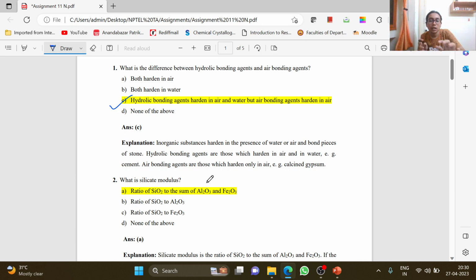After cementing a wall, we often wet it with water and keep it for some days. We soak it with water so that its strength is enhanced and it binds more compactly. That is why hydraulic bonding agents can harden in both air and water, but air bonding agents harden in the presence of air only, like calcined gypsum, CaSO4.